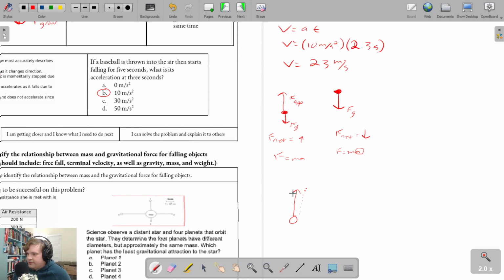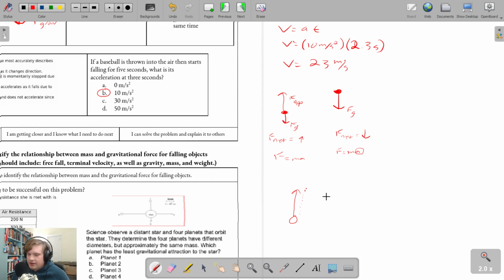As soon as it leaves your hand, gravity is constantly pulling that ball down. Now, that acceleration based on the force up determines how high it goes. The bigger the force, the more acceleration, the faster velocity you'll achieve. But as soon as it leaves that hand, you no longer have that force applied. You no longer have that acceleration as it's going up.